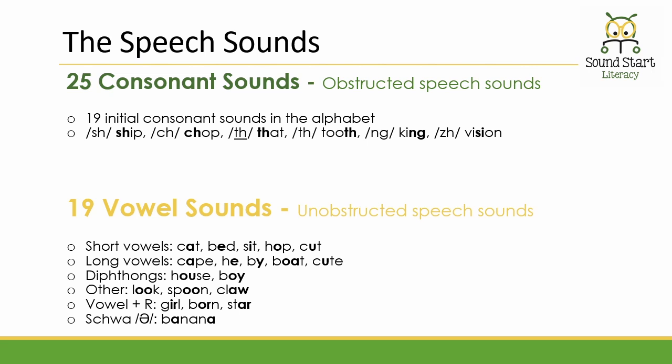For instance, if I'm saying the m sound as in mat, my lips are blocking the airflow. If I'm saying the s sound, like in the word snake, my teeth are blocking that airflow. If I'm saying the word king, that sound at the end, my tongue is blocking the airflow. So something is blocking the airflow in that consonant sound.